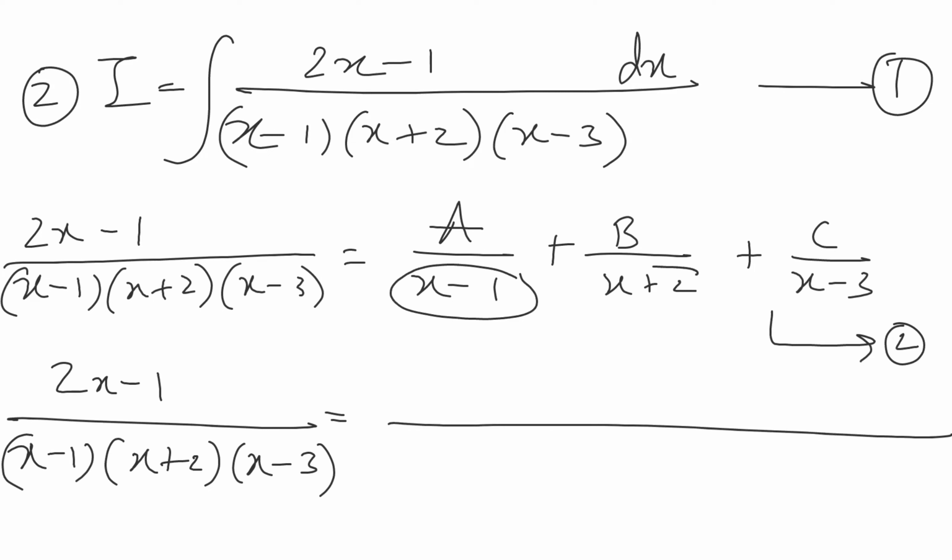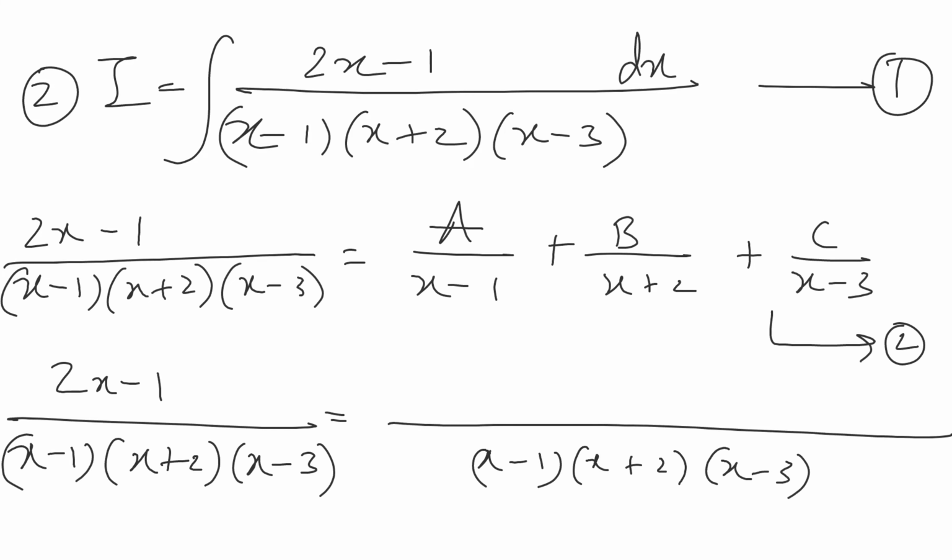It will be written as x minus 1, x plus 2, x minus 3, right? Okay, so this is the LCM. Now besides A, which terms should be besides A? See, besides A, we'll have x plus 2 and x minus 3, right?